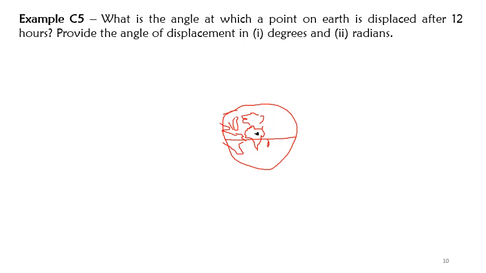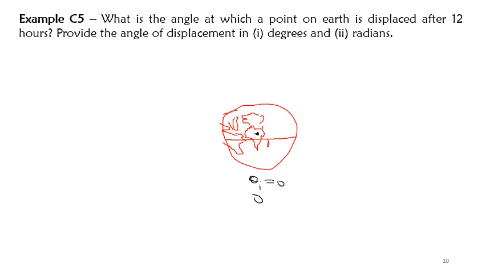What will be the angle covered by that point after 12 hours? Do you get it now? So let's assume you take this position as the initial angular position. Let's assume it to be 0.